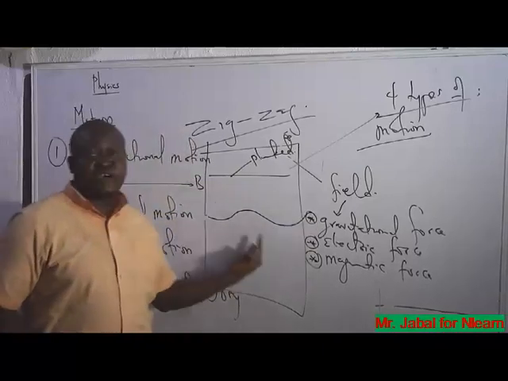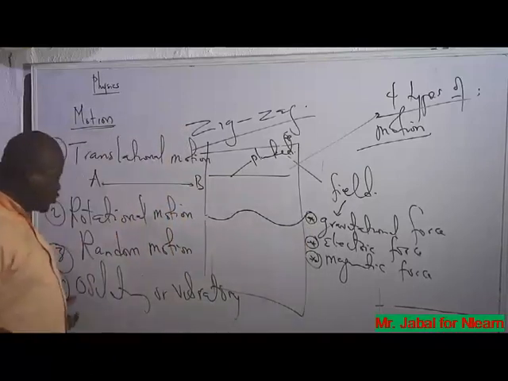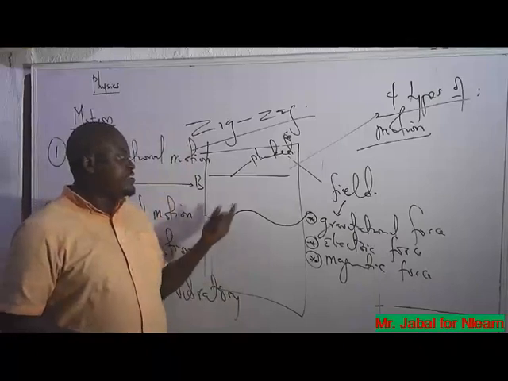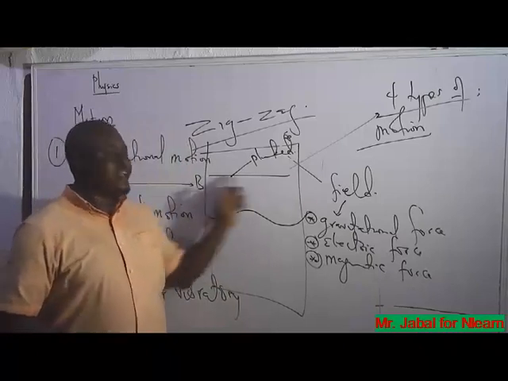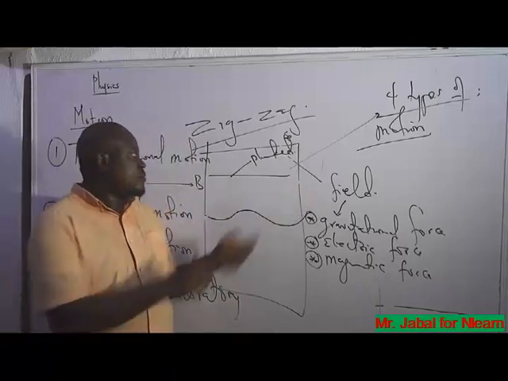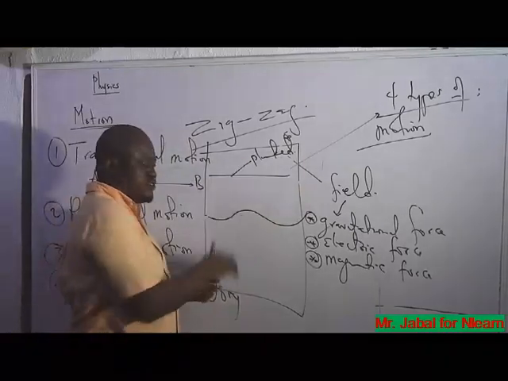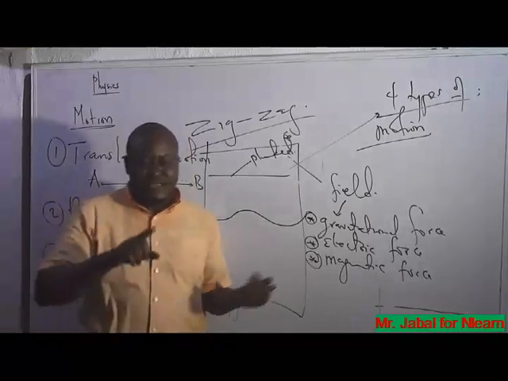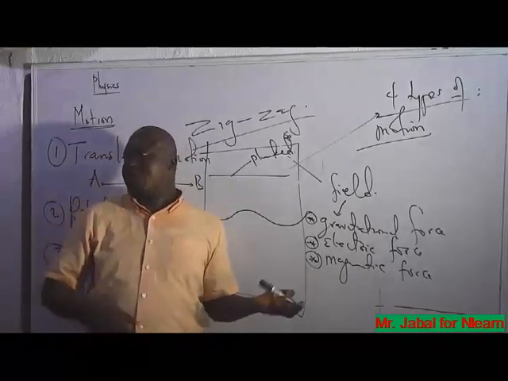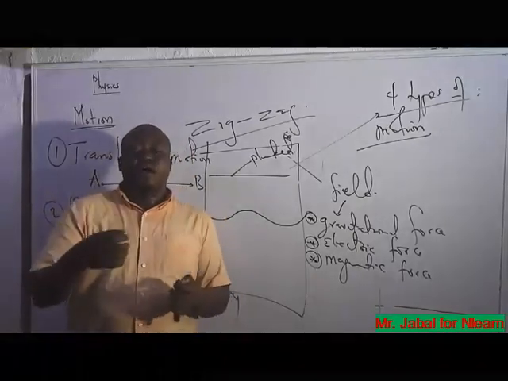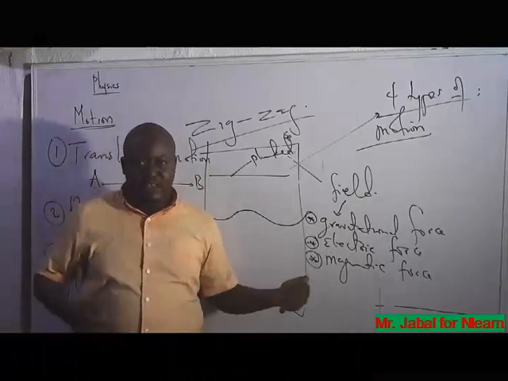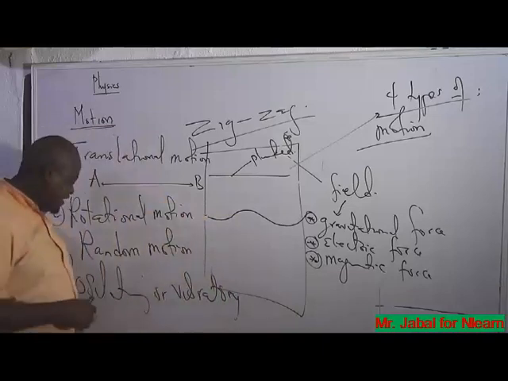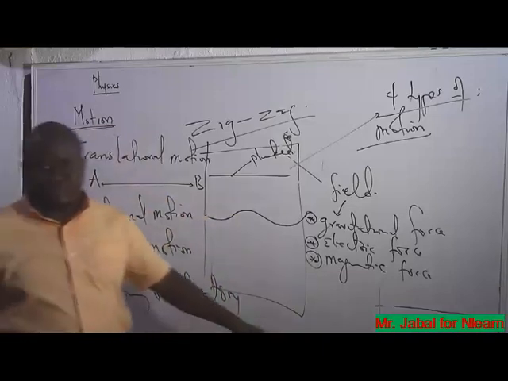It's sinusoidal because it is oscillatory or vibratory. Now, this is a string that is straight, not yet plucked. But immediately you pluck the string, it gives you something like this. It starts moving. That's how your guitar string moves. So your guitar string is an example of bodies in oscillatory or vibratory motion.